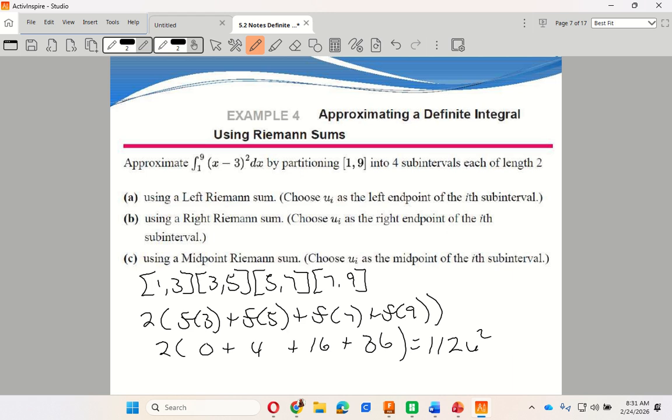All right, so I'm going to do it again. And a plus b over 2. So let's see. Do I want to just go next page? Yeah, I'll just do next page. So my intervals again: 1, 3, 3, 5, 5, 7, 7, 9.